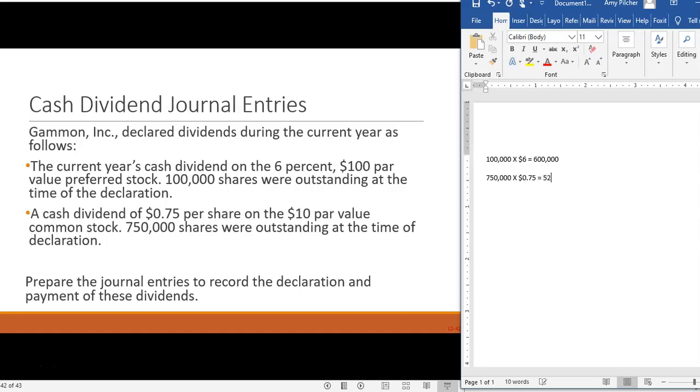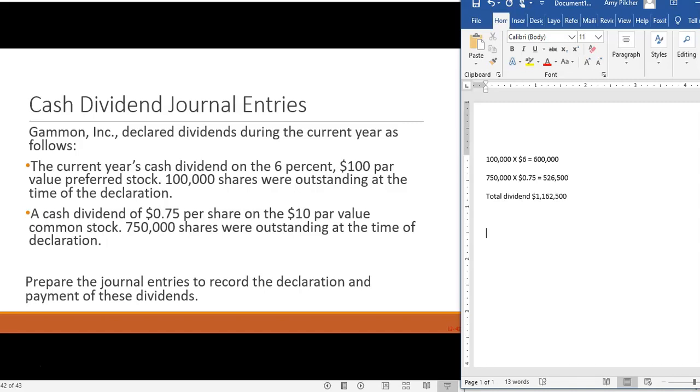So the payment to our common stockholders is $562,500. Our total dividend amount is $1,162,500.